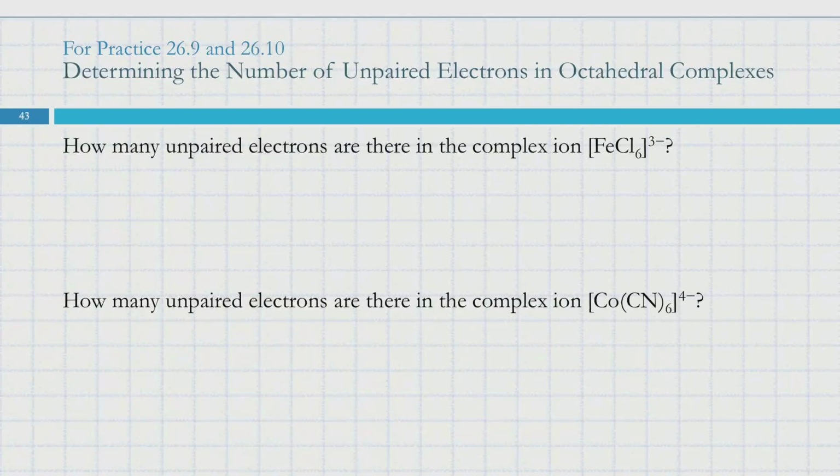Is it weak? It's weak. All of our halogens are weak. So we've got a weak ligand, meaning that our upper d orbitals are accessible.